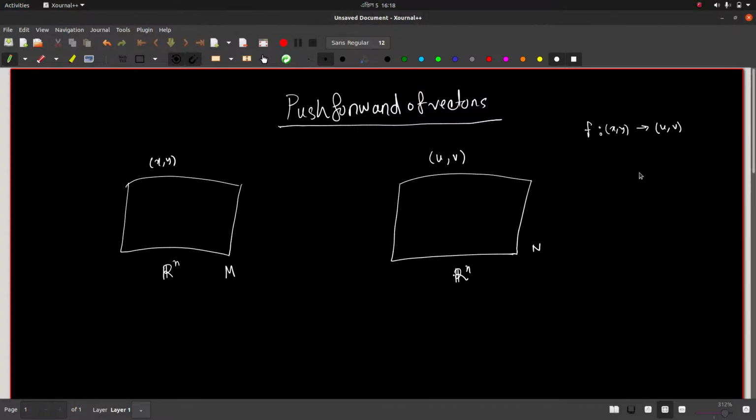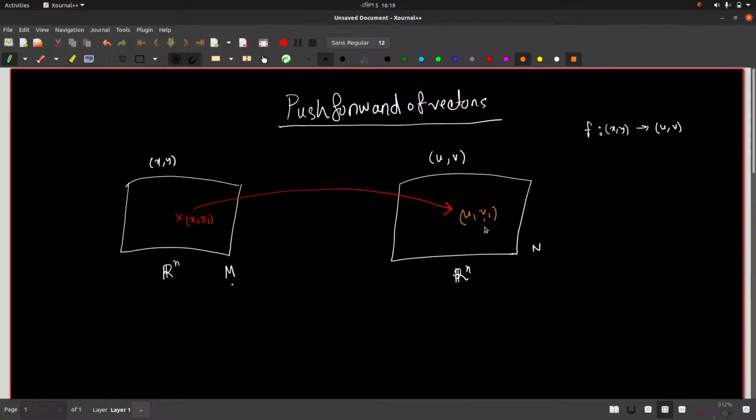Okay, so what happens is that points on manifold M get mapped to points on the manifold N. So let's say you have some point over here that is denoted by (x1, y1). It gets mapped to some point on manifold N as (u1, v1), like this.